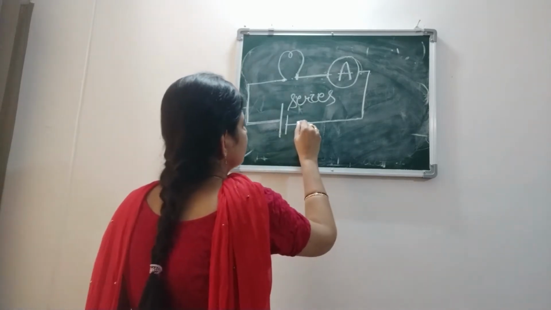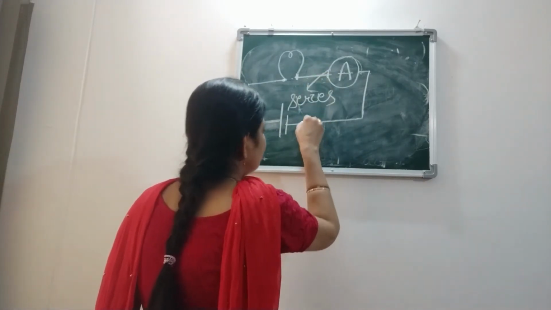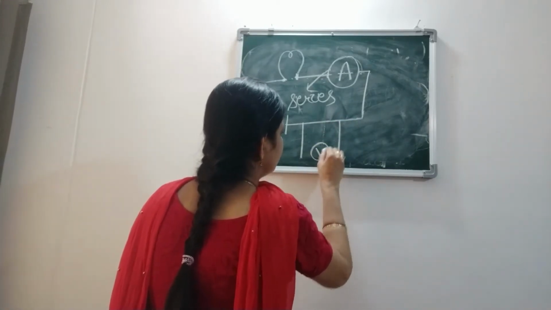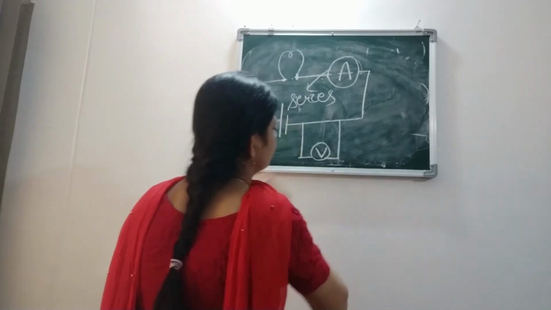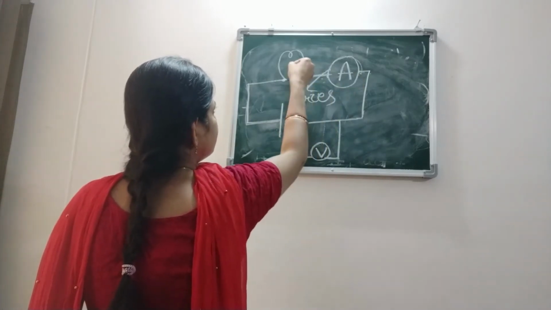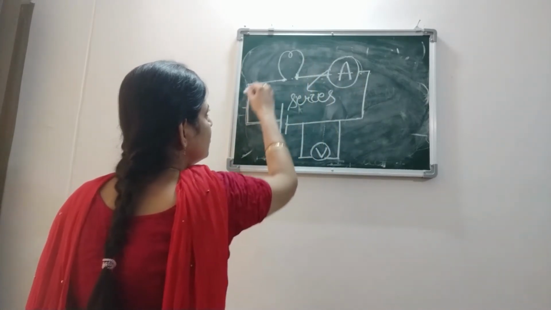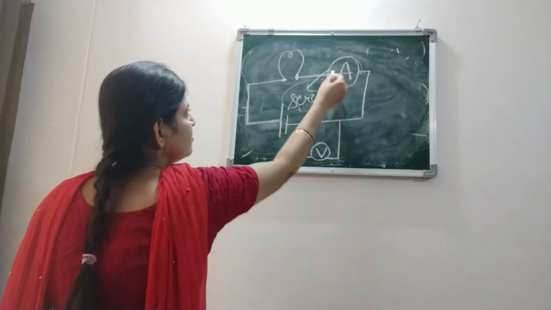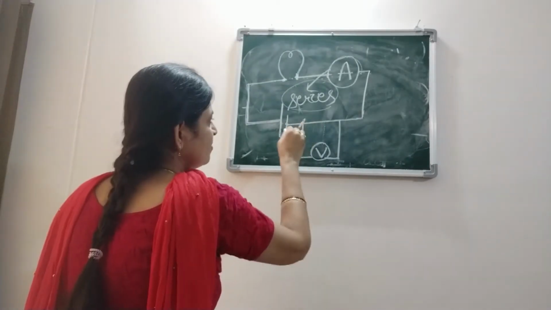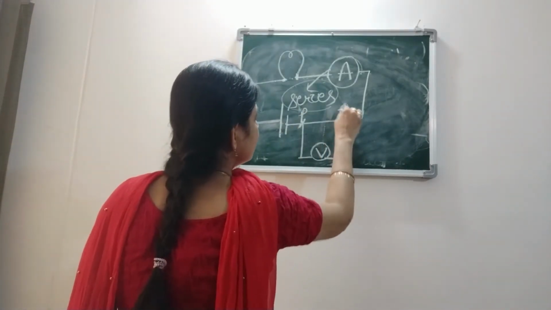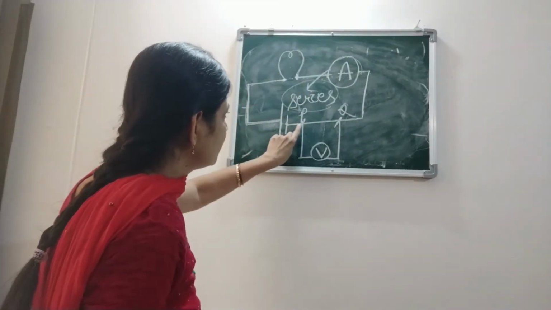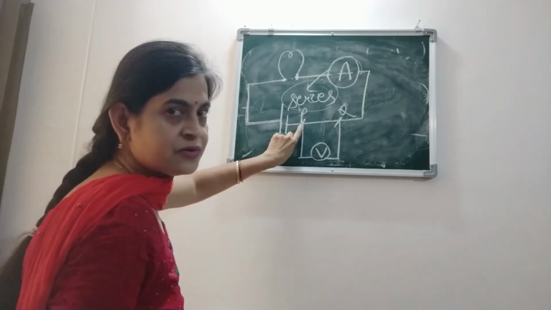If we connect a voltmeter here, that means ammeter, bulb and cell, all three components are connected in series, one terminal to one terminal. But suppose at the points P and Q, these are two common points where these components are connected, and the voltmeter is also connected.